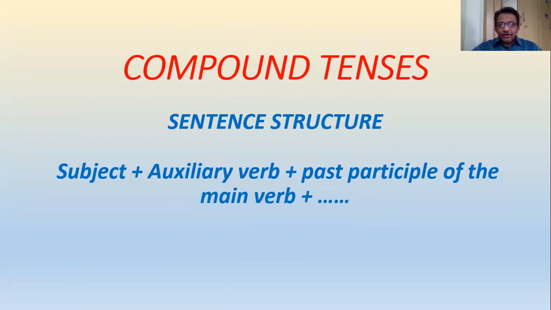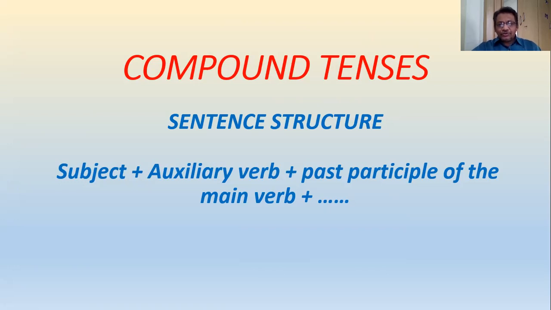One is the auxiliary verb and the other one is the past participle of the main verb. I'm repeating: a compound tense is a tense in which there will be two verbs. The first one is the auxiliary verb and the other one is the main verb. The main verb will be in the past participle form.